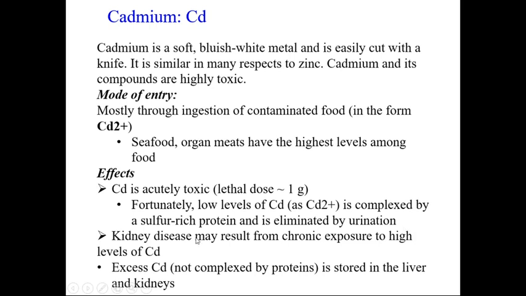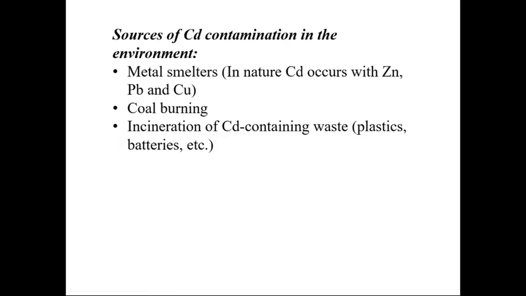Kidney disease may occur on constant exposure to cadmium. Excess cadmium, which is not removed by our body through this complexation process, is stored in the liver and kidneys. So where does this cadmium contamination come from? It comes because metal smelters all use cadmium along with zinc, lead, and copper. It comes from burning of coal, and from incineration of waste containing cadmium, such as plastic, batteries, etc.